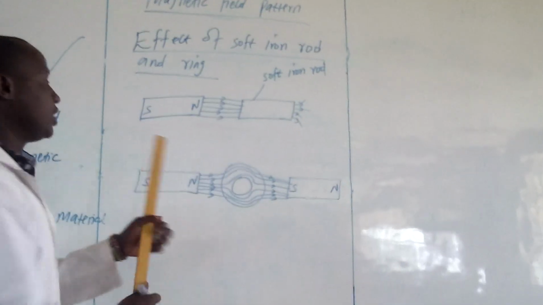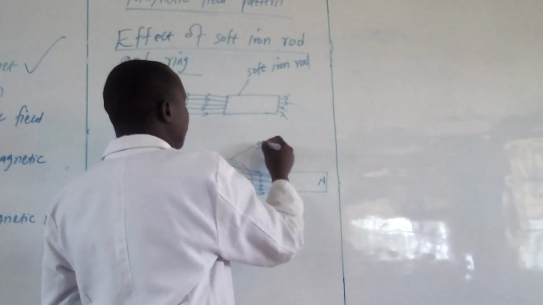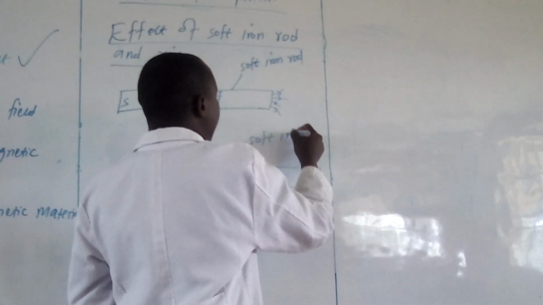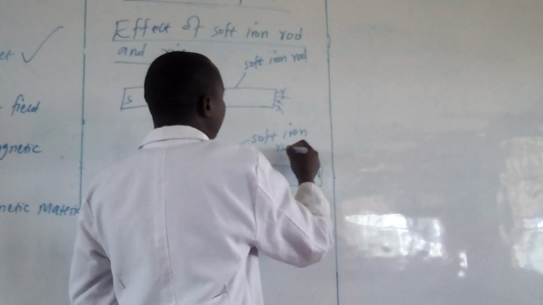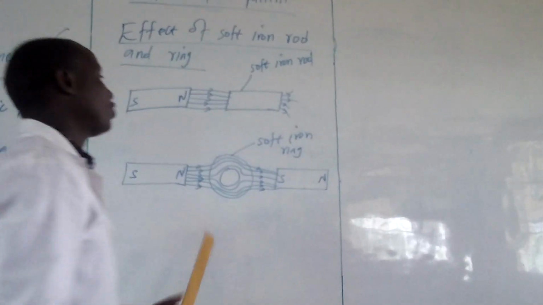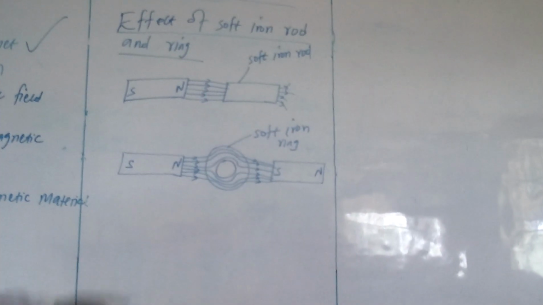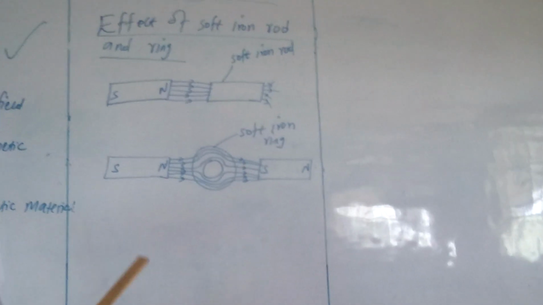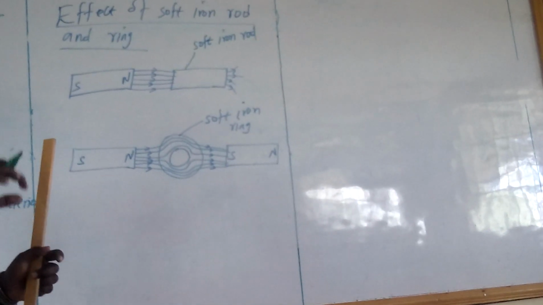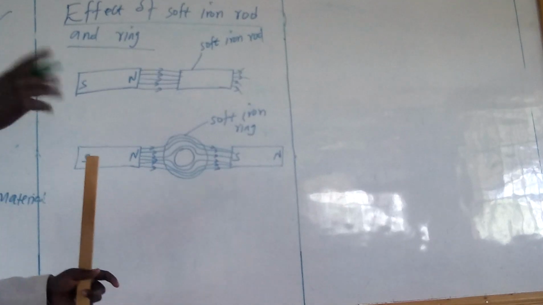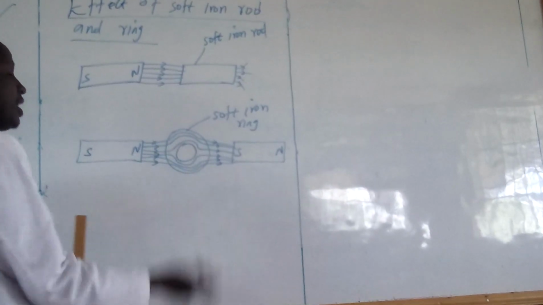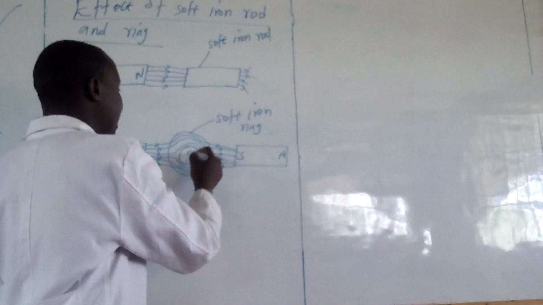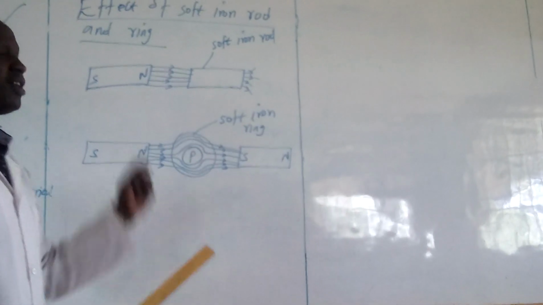This is the soft iron ring. You should know that inside a ring it is just a space, there is no material. We can take a point P in this space. What do you know about that space?